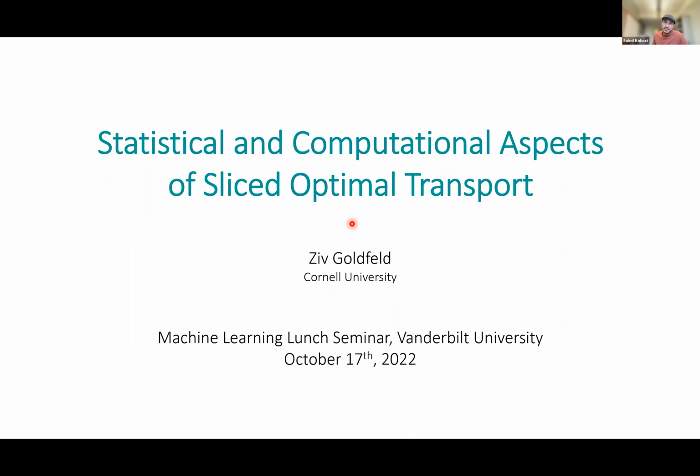Ziv graduated with bachelor's, master's, and PhD in electrical and computer engineering from Ben Gurion University in Israel. Ziv's research interests include optimal transport theory, statistical learning theory, information theory, and mathematical statistics. Ziv's honors include the NSF Career Award, the IBM University Award, and the Rothschild Postdoctoral Fellowship. So with that, Ziv, the stage is yours.